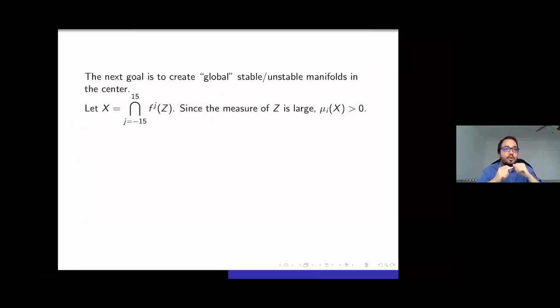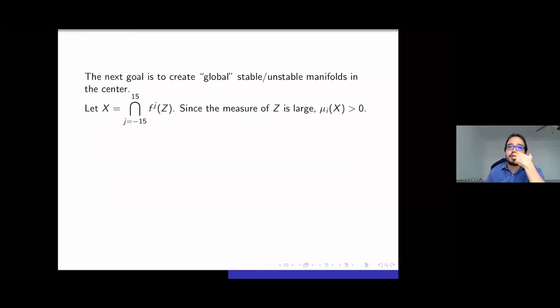Now, you have those local manifolds of certain size, and you want to go from these local things to something global in a certain sense. And the way to do this is: the set of points Z that you obtained before actually belong to the good hyperbolic region.